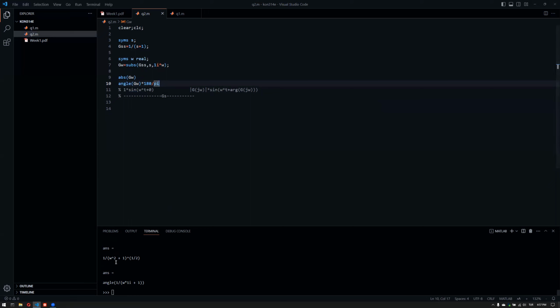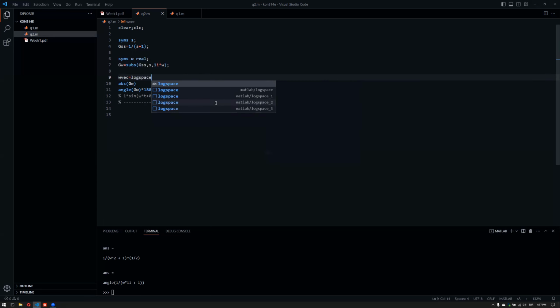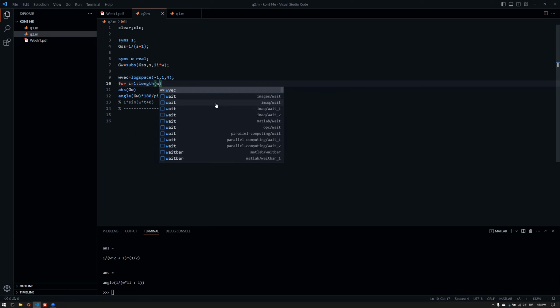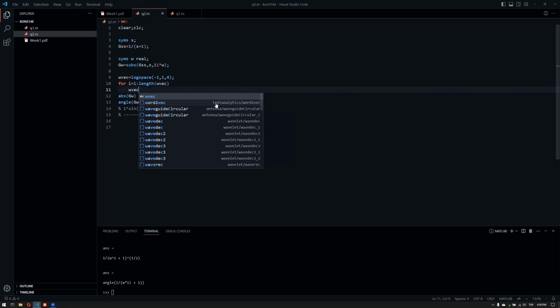Now, of course, when we don't know what omega is, this doesn't make much sense. So what we can do, as was the case for the Root-locus plot, is come up with certain values. And I'm directly going to go with log space here. So let's have 4 different values. And let's use a for loop to cycle through each omega value here.